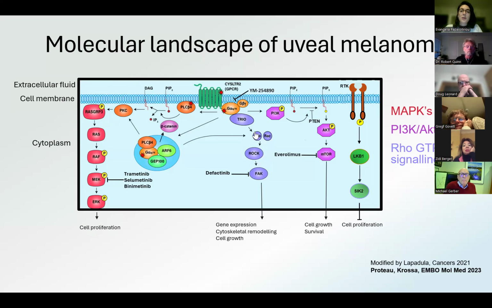What happens for the molecular landscape of uveal melanoma is that we have seen that we have mutations at the GNAQ and GNA11 primarily.